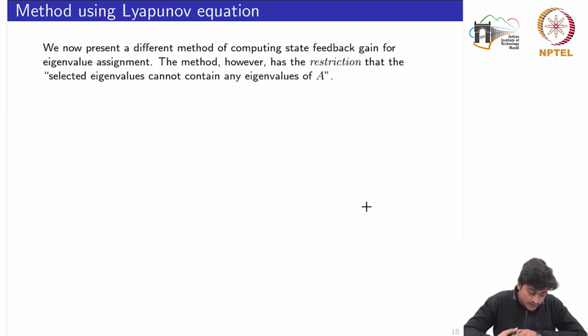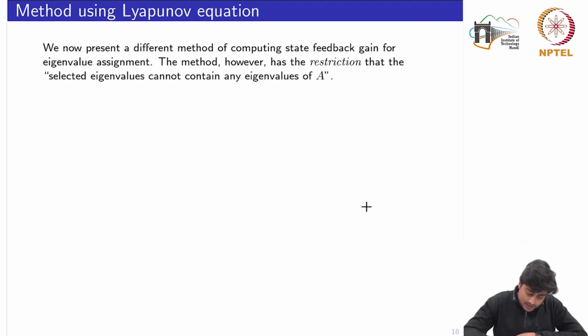So we will now discuss another method of computing the state feedback gain for the eigenvalue assignment problem. In the last lecture, we studied one way of computing the state feedback gain using the controllability matrix.